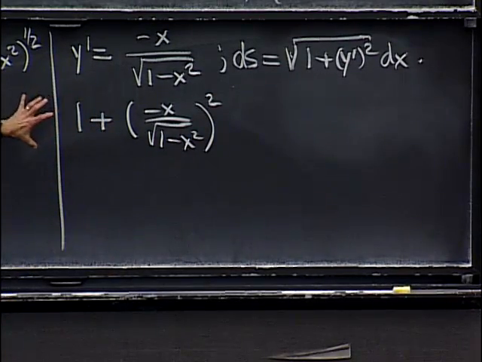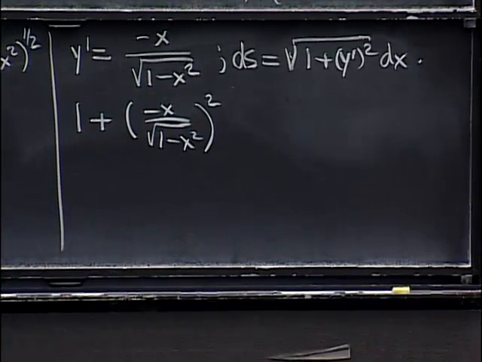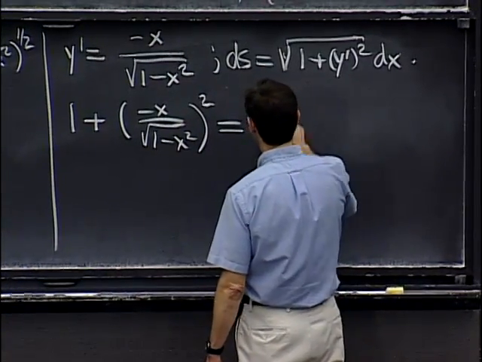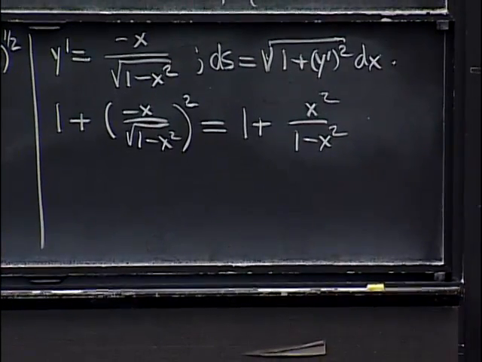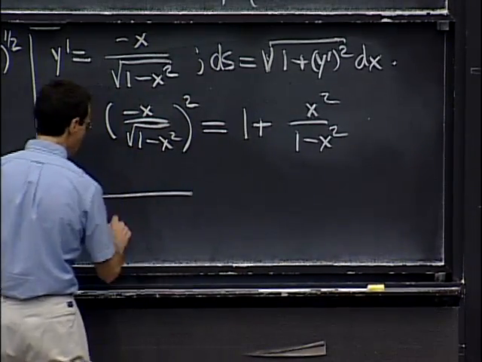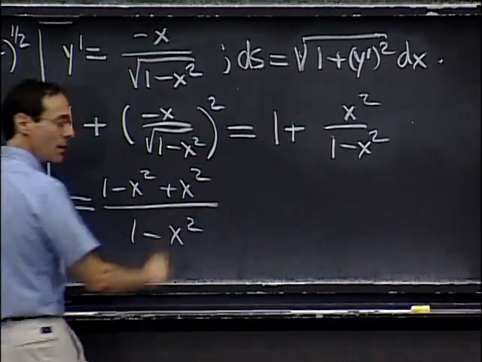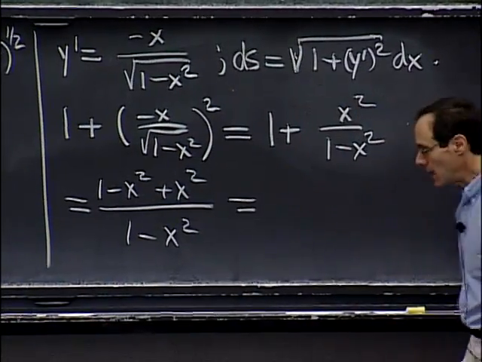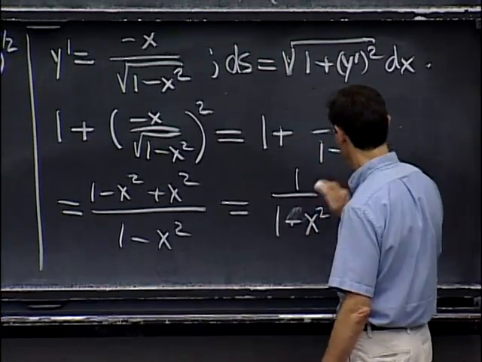So I have to figure out what's under the square root sign. This is 1 plus x squared over 1 minus x squared. Over a common denominator, that's 1 minus x squared plus x squared, and there's a little simplification because the two x squareds cancel, and we get 1 over 1 minus x squared.